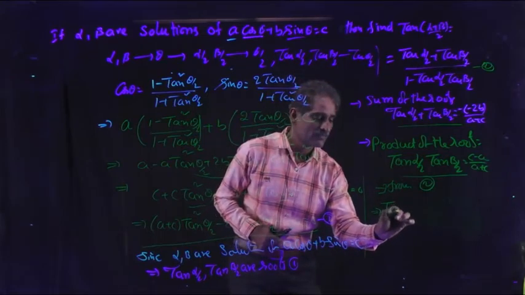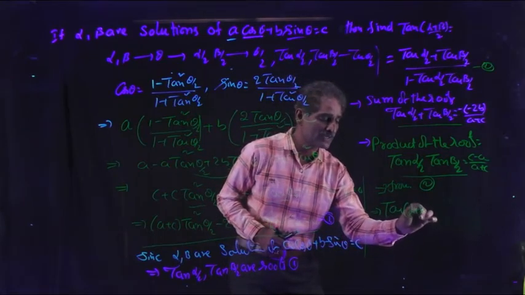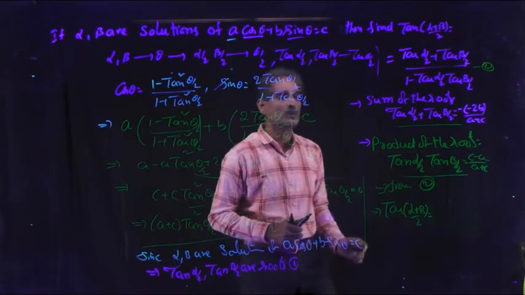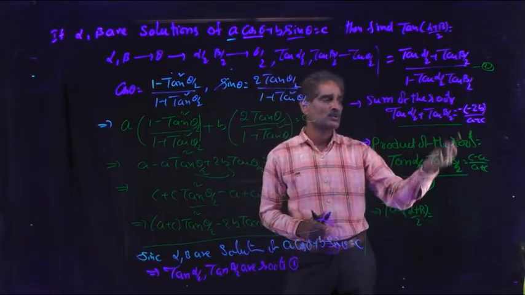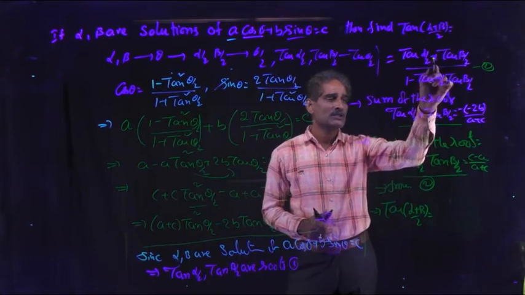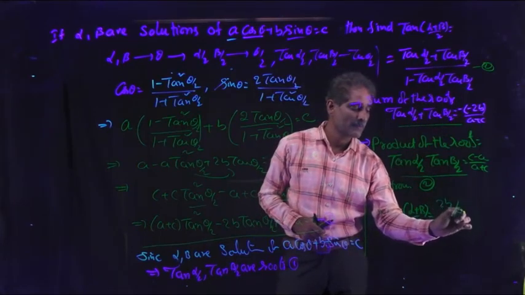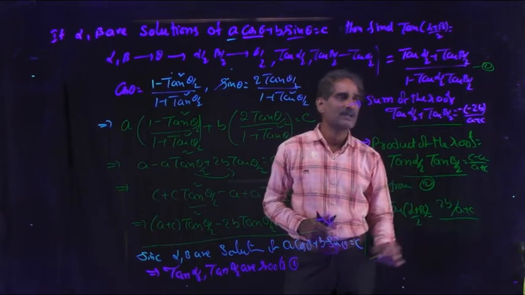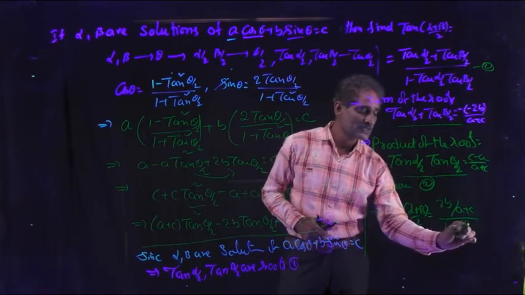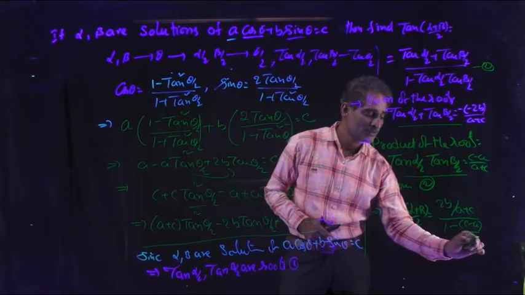Tan of alpha plus beta by 2 is equal to sum of the roots, 2b by a plus c, whole divided by 1 minus c minus a by a plus c.